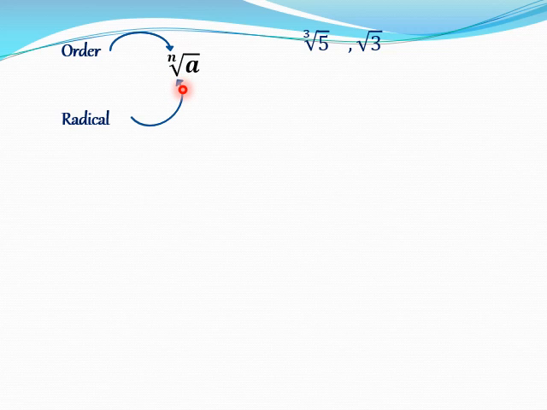Before we move on to surds, let's look at a few terminologies. And consider nth root of a. Just like cube root of 5 and square root of 3. Here this n is called order and this sign is called radical. The number that is written under this radical sign is called radicand or base.